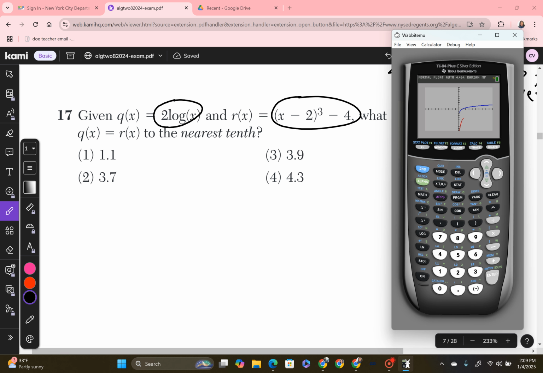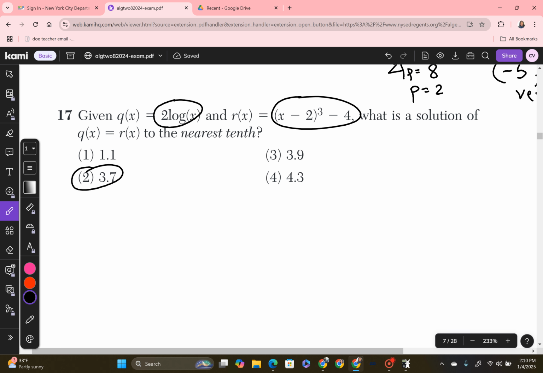The second one does a little loop, and you can see that there's one intersection. So second calc or second trace, option number 5. I'm going to move closer to where it is. There's only one in this case, so get as close as you can, and then hit enter, enter, enter. 3.72, 3.7. If you wanted to sketch it, you could.